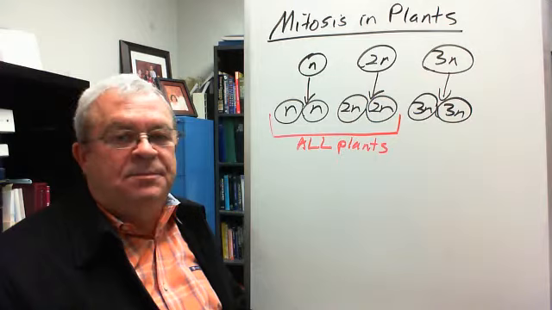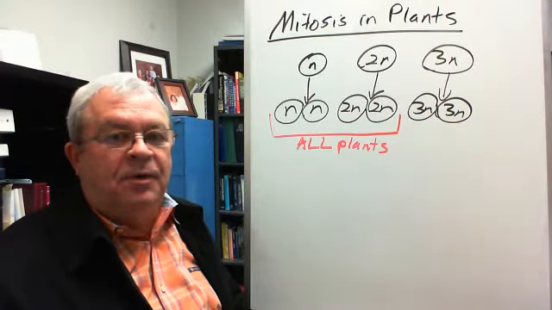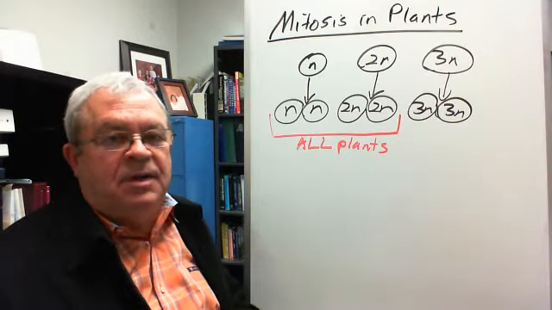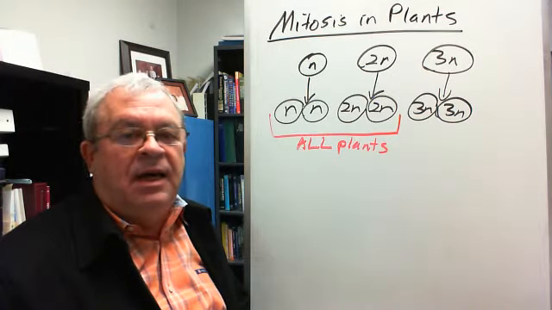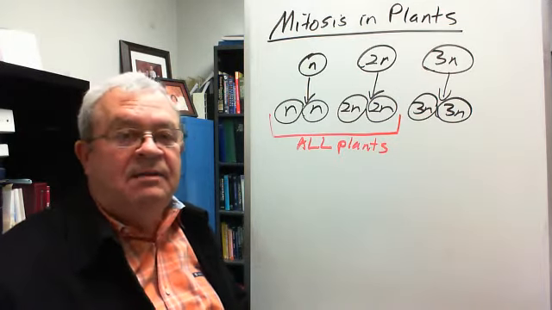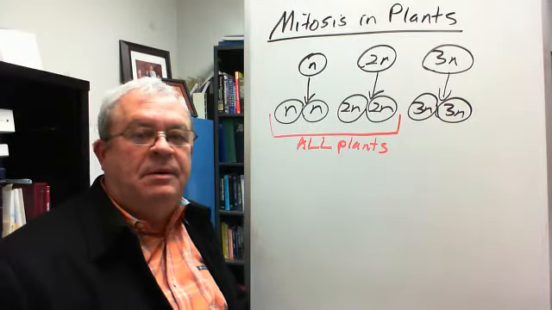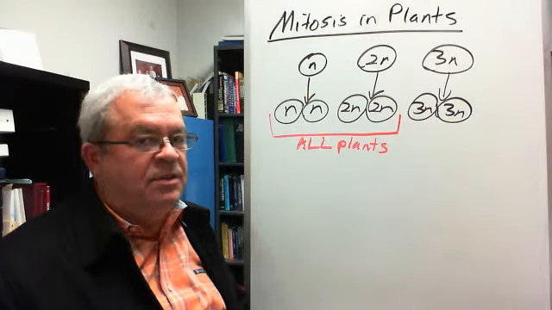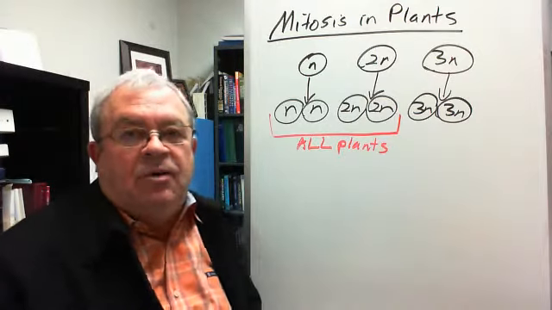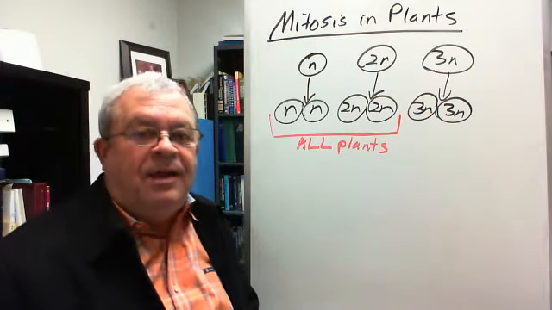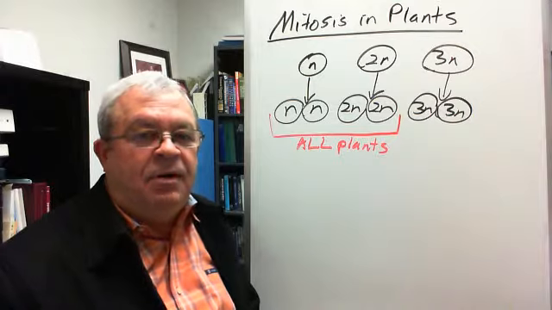I don't think so. What are some plants that don't make flowers? Pine trees, do they make flowers? Nope. What about ferns? Nope. What about mosses? Nope. Actually, there's only one category of plants that makes flowers, and they are called flowering plants.